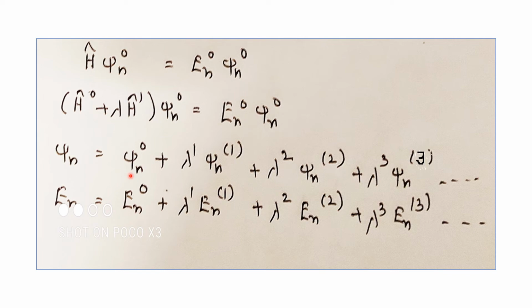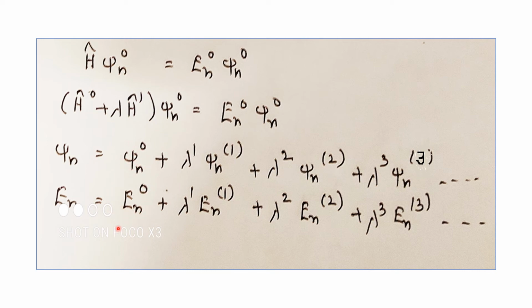Psi n is equal to psi n^0 plus lambda^1 psi n^1 plus lambda^2 psi n^2 plus lambda^3 psi n^3, etc. En is equal to En^0 plus lambda^1 En^1 plus lambda^2 En^2 plus lambda^3 En^3, etc. In this case, psi n^0 and En^0 represent the zeroth order correction.